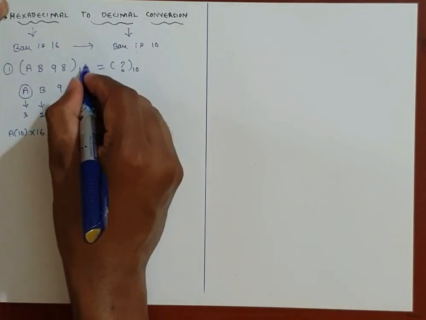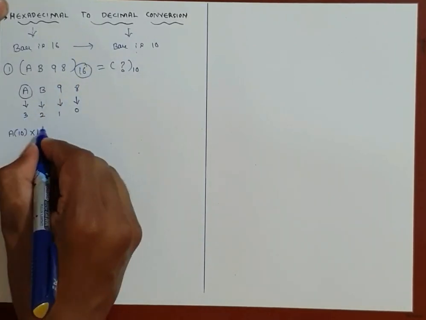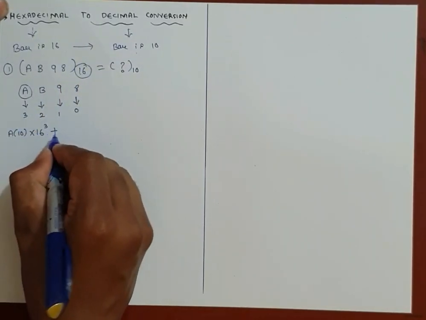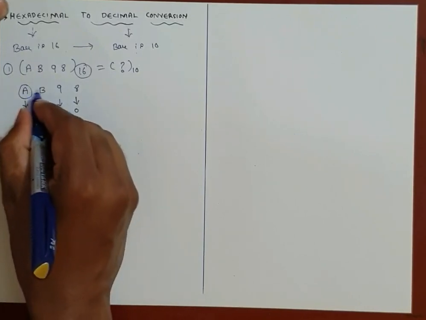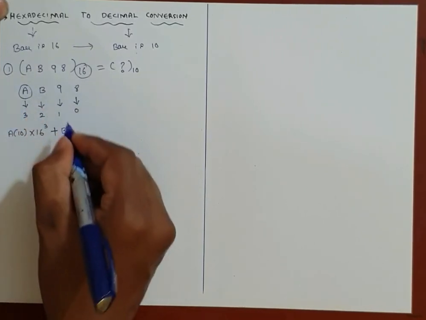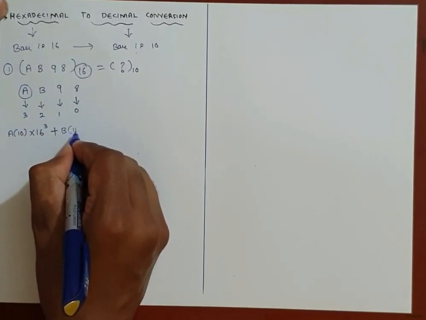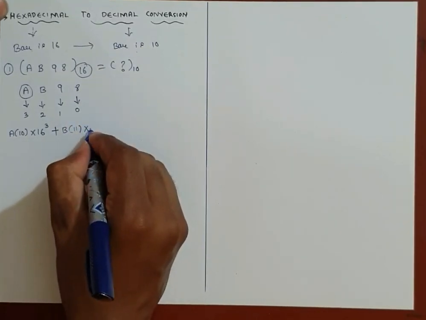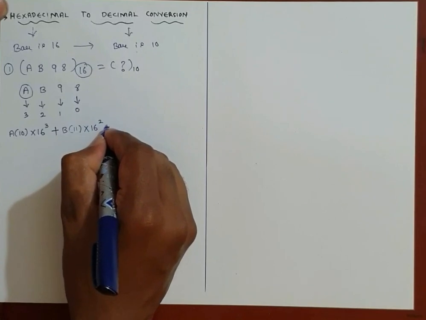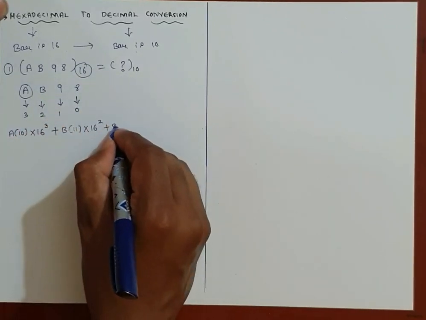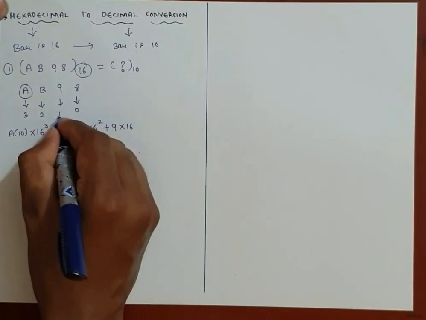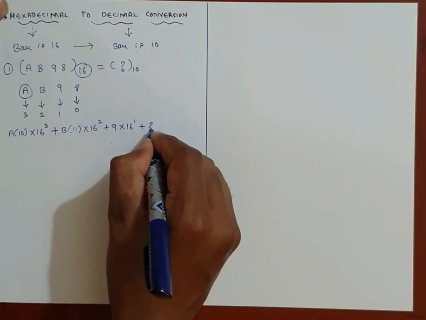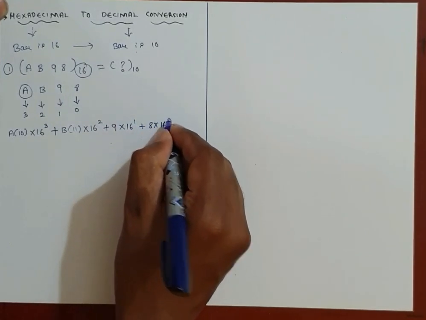Why 16? Because here the base is 16, to the power 3, plus B. If you are going for the next number, take plus B. B means 11 into 16 power 2 plus the next number 9 into 16 power 1 plus 8 into 16 power 0.